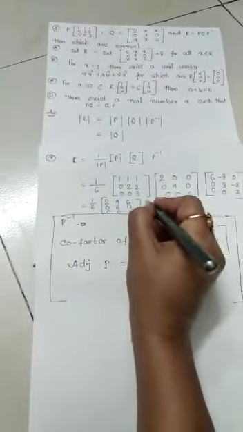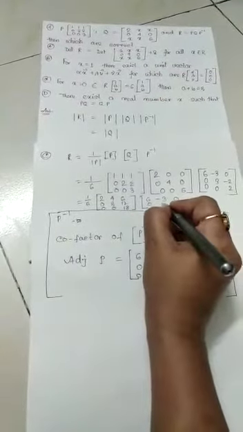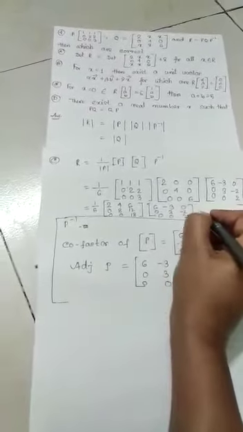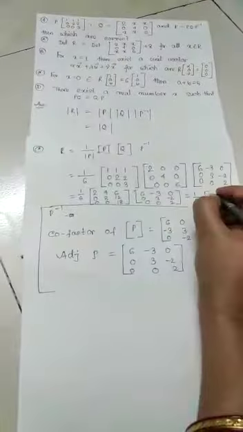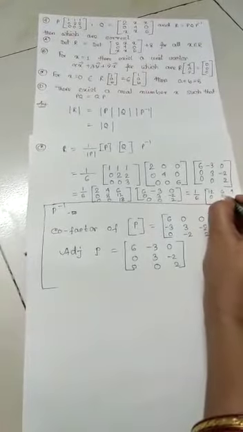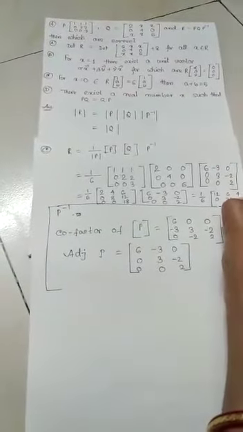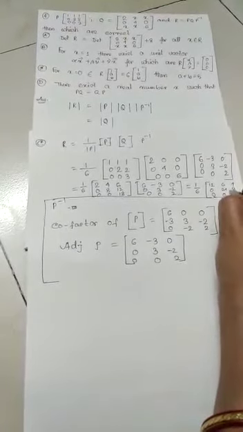Then multiplied with P inverse, 1 by 6 into 12, 6, 4, 0, 24, 8, 0, 0, 36.